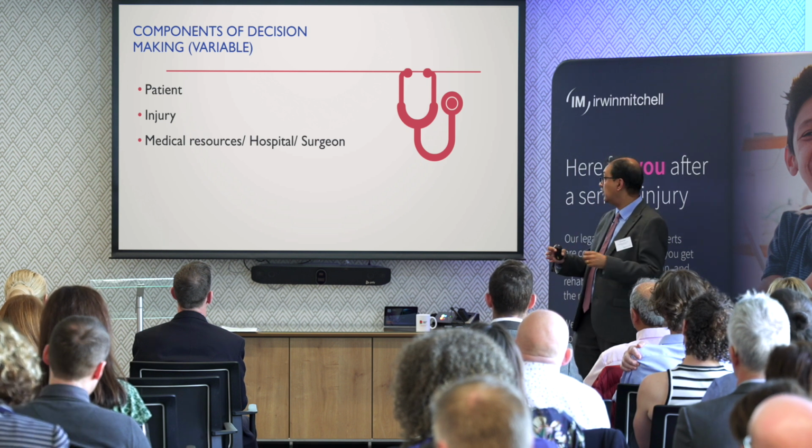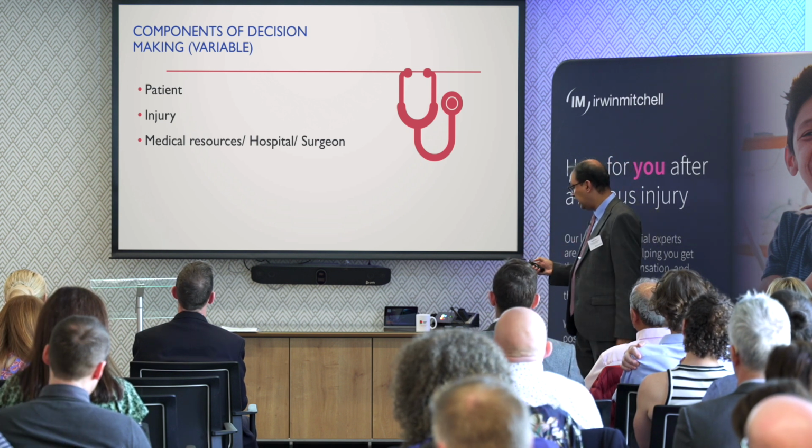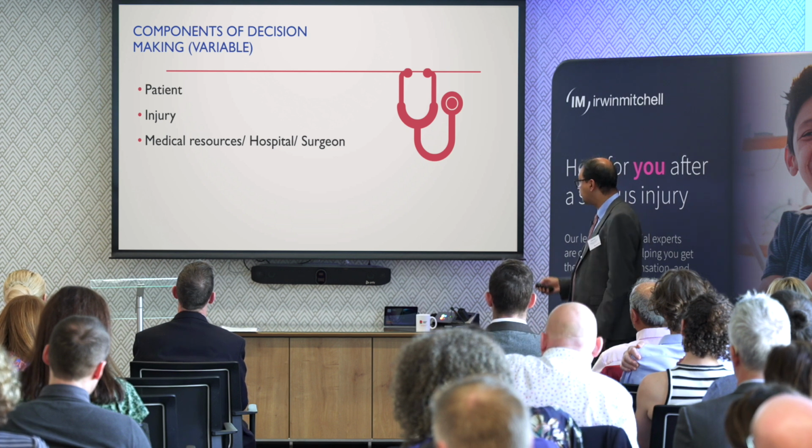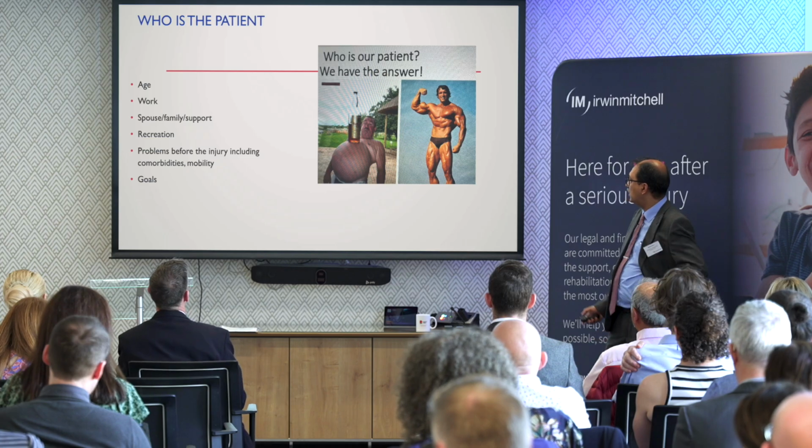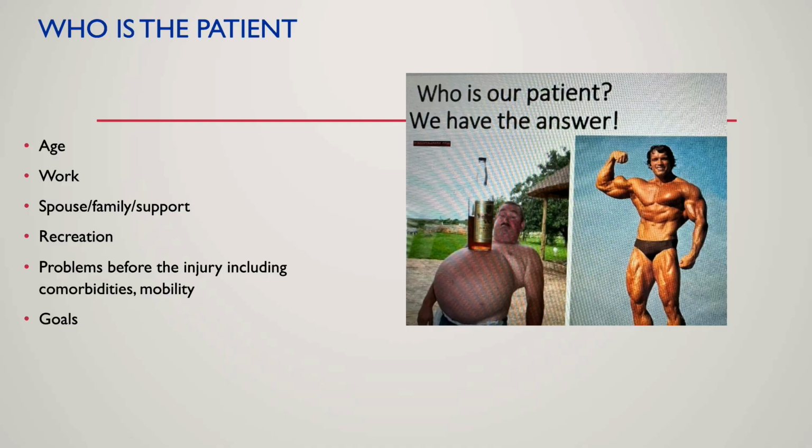Where is it, the hospital and the surgeon initially in the acute stage? Who is the patient? It can be this, it can be this. Two extremes. So we are not ageist, but age is extremely important for this sort of injury and its outcome.